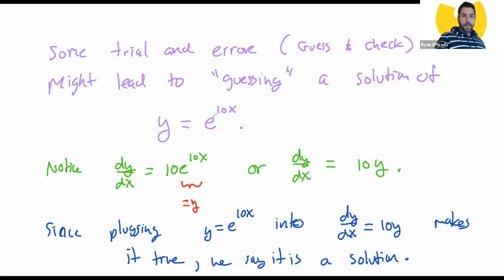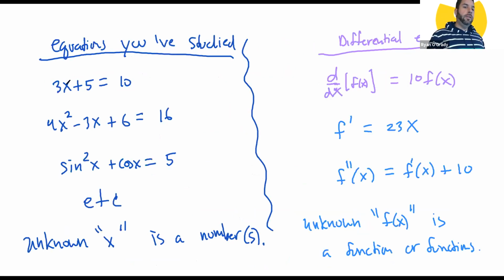And then if I take y in this equation down here, and instead of writing y, I put e to the 10x, and instead of writing dy dx, I put the derivative, then it's a true statement. The analogy here is no different than if you go back here and you wanted to check that your solution to this was correct, you plug it in. How do you know that your solution to this, which is going to be 5/3, works? Well, you plug 5/3 in for x and you verify that it's true.